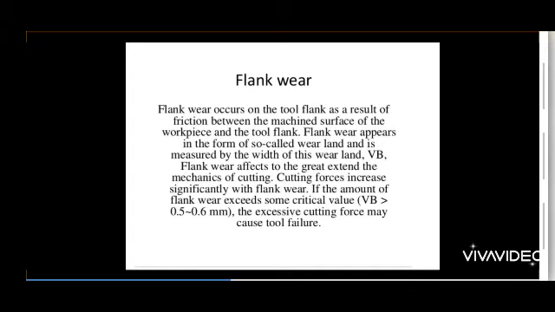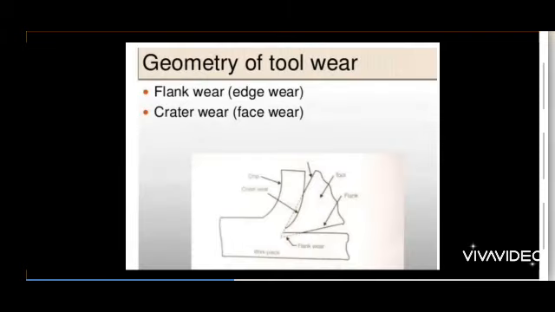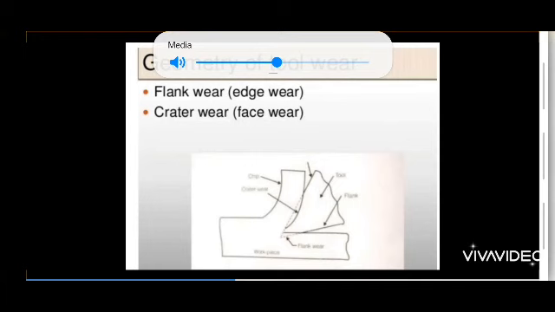When the flank face rubs against the machined surface, the presence of built-up edge, due to the abrasion or friction between the clearance face and the broken part of the built-up edge, causes the wear on the flank face. The abrasive wear is the reason for flank wear.